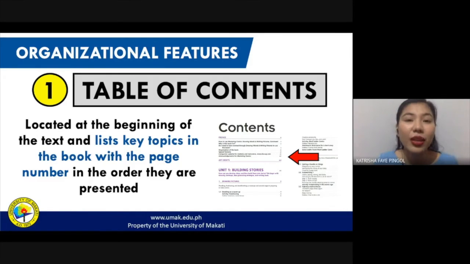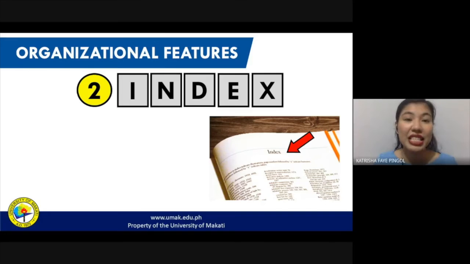And we include the page number and the order in which they are presented. The main purpose of having a table of contents is, of course, to ensure that the readers can easily find the key topics that they are looking for without having to go through everything in the particular text or book.